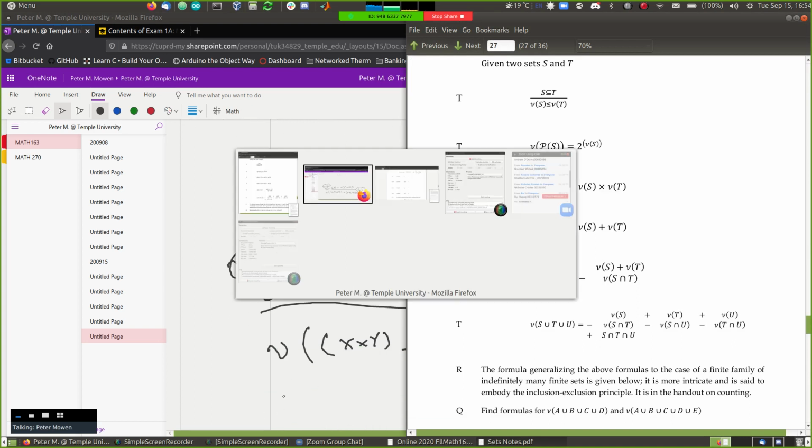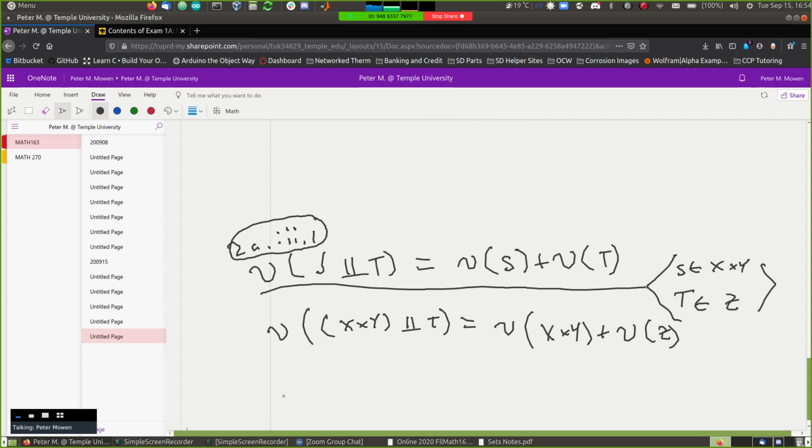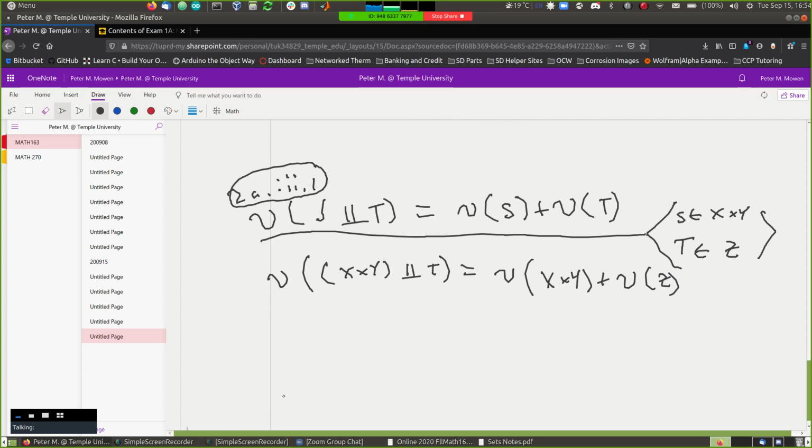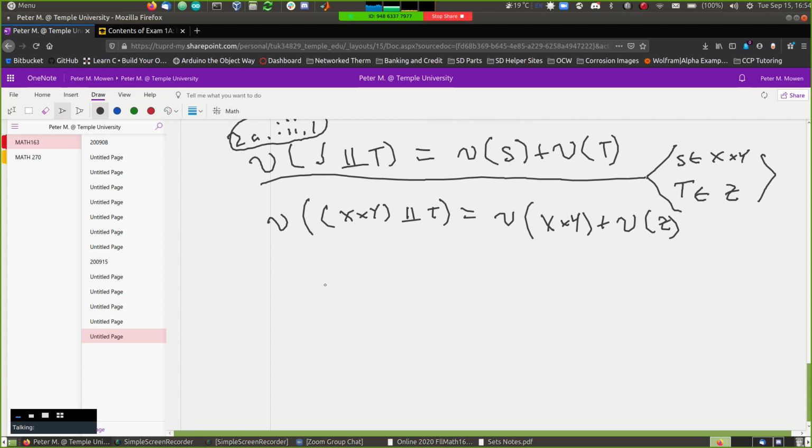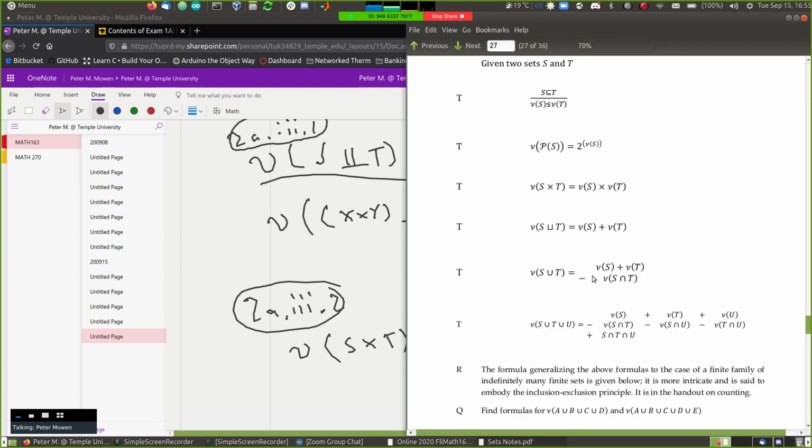So let me give myself a little bit more space. And so this would be question 2A, part 3, part 2. And we have that the cardinality of S cross T is equal to the cardinality of S. And in his packet, he did that thing that I told you guys not to do.